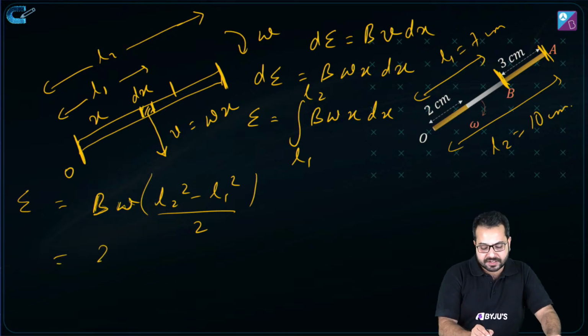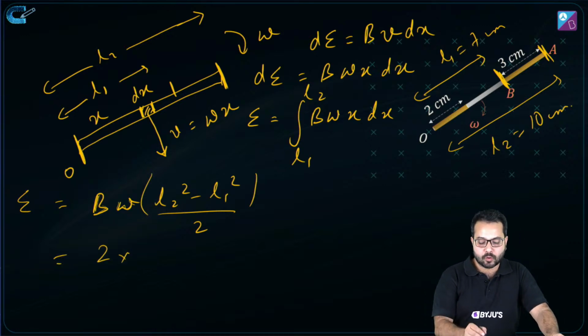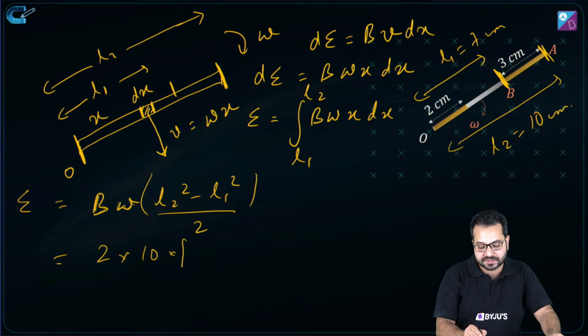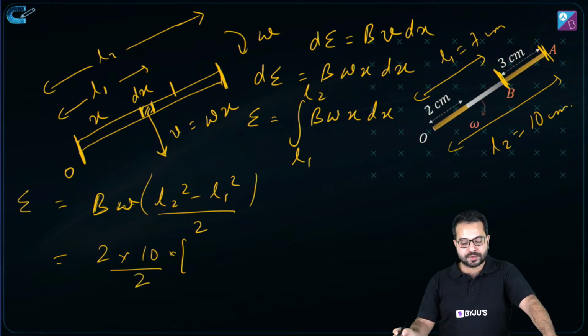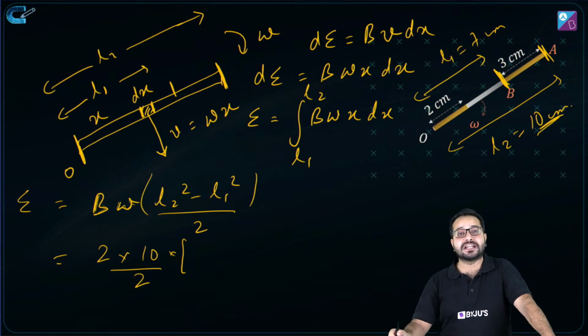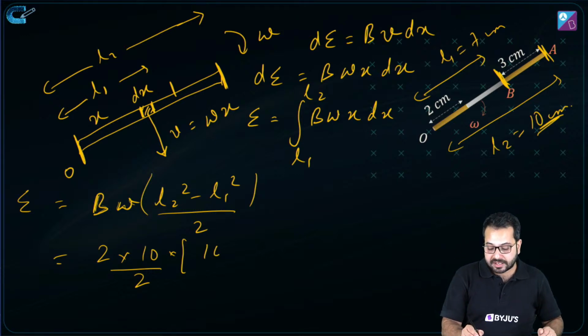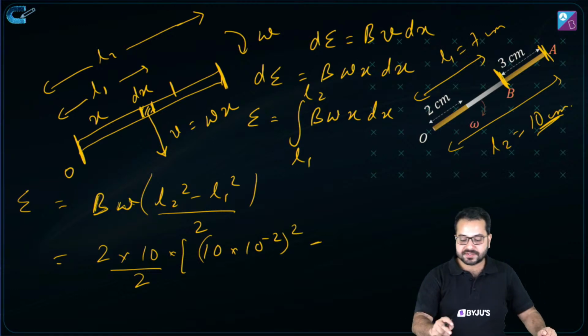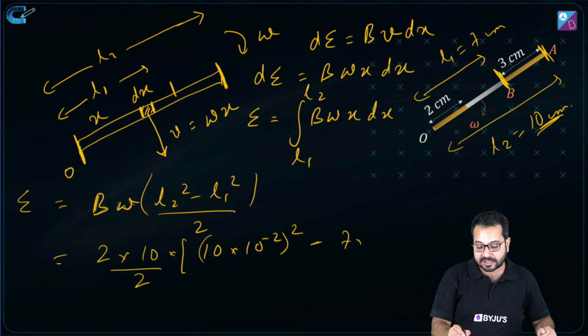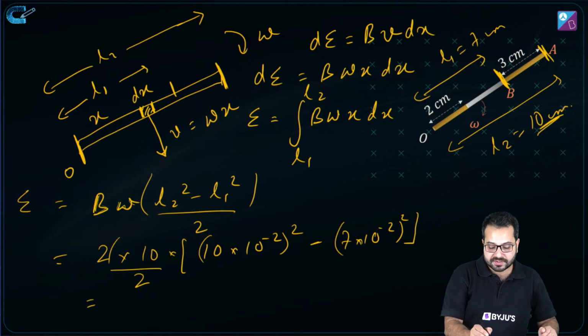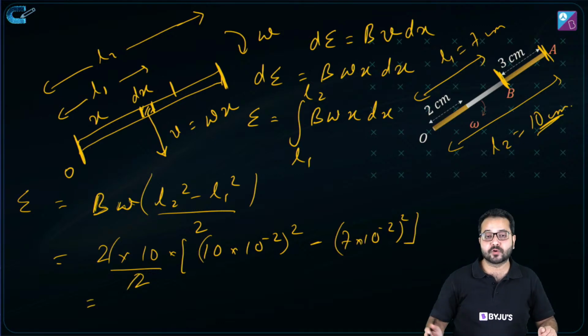So magnetic field is given to us as 2 Tesla, omega is given to us as 10 radian per second, and then we have a 2 over here. L2 square, this is given in centimeter, so we can write it as 10 into 10 to the power minus 2 meters square, minus 7 into 10 to the power minus 2 square. So what does this come out to be? 10 to the power minus 4 is going to come out.